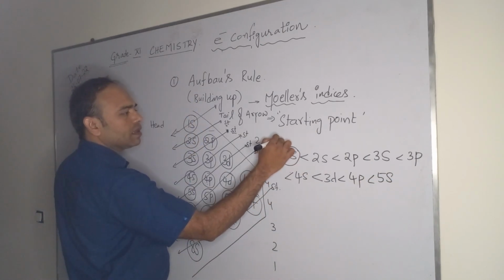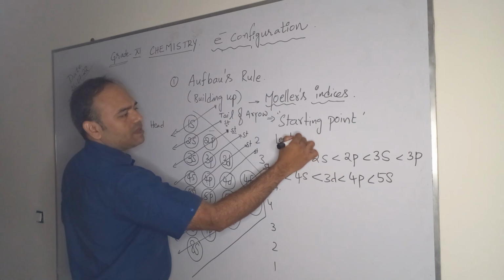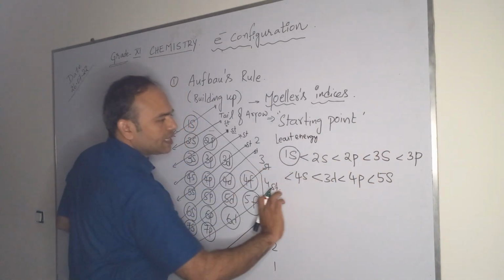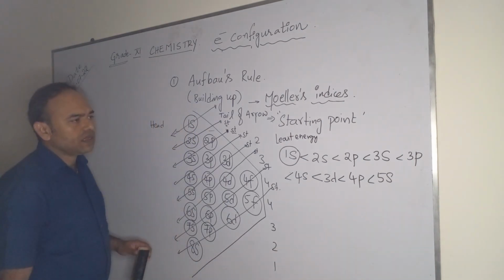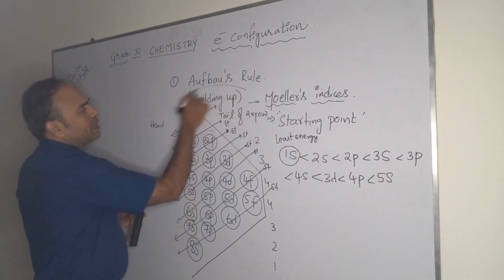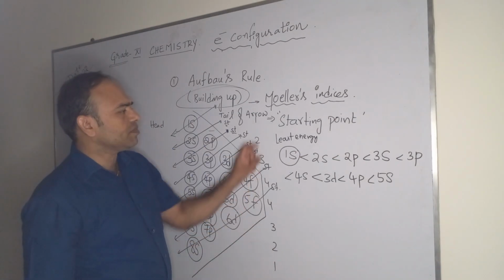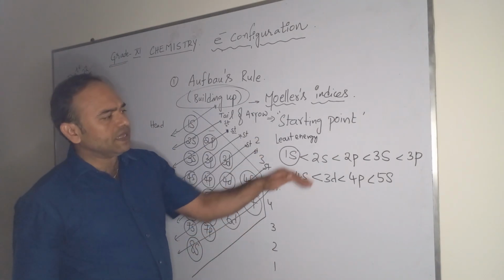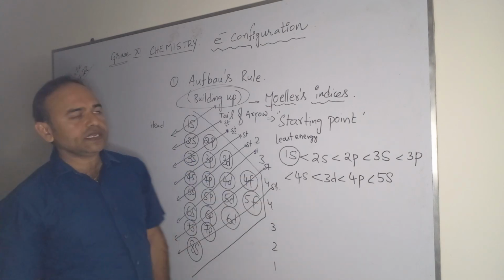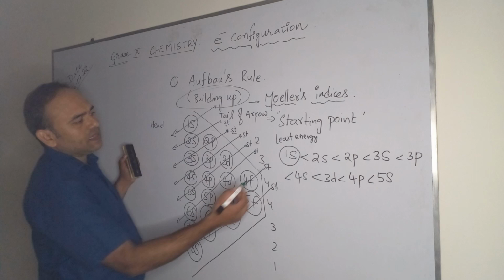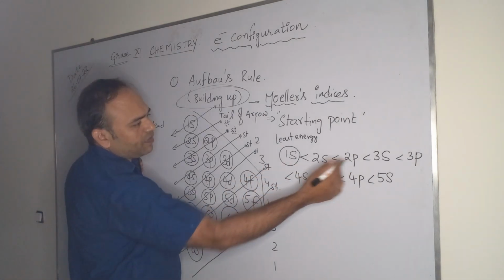So what I am doing is writing the least energy orbital, that is 1s, and we are going on increasing the energy of the orbitals. What are we building here? We are building the energy of the orbitals. From the least energy, we are building up to the higher energy. So remember, Aufbau is building up. We are writing the orbitals in increasing order of energy.